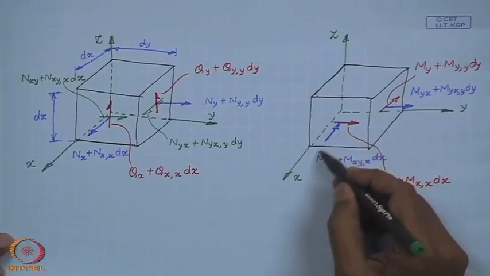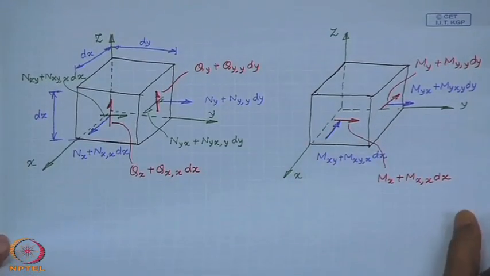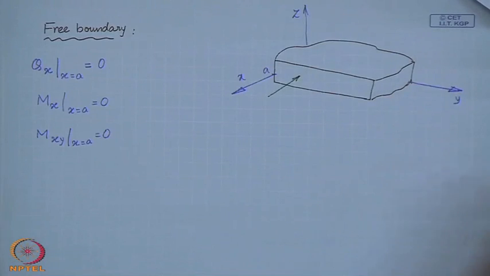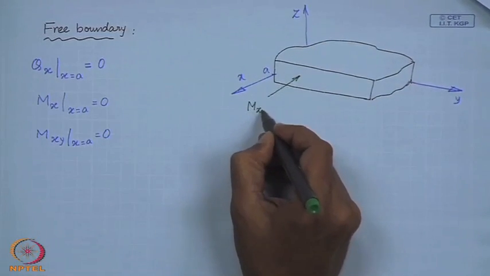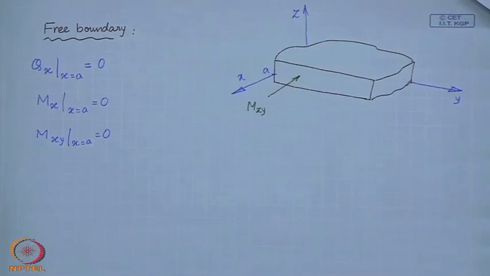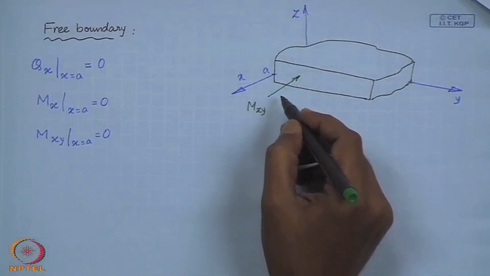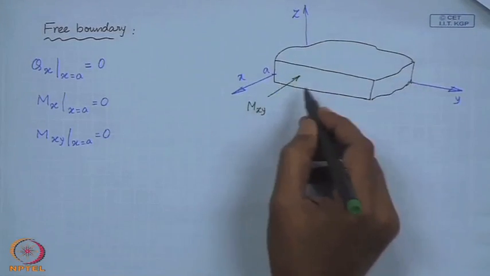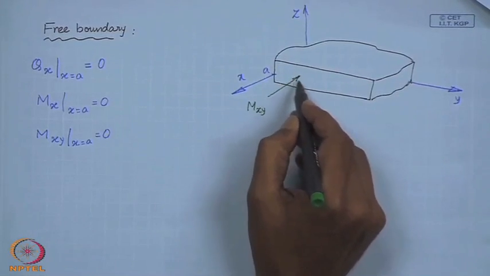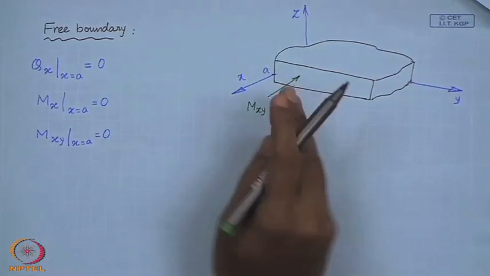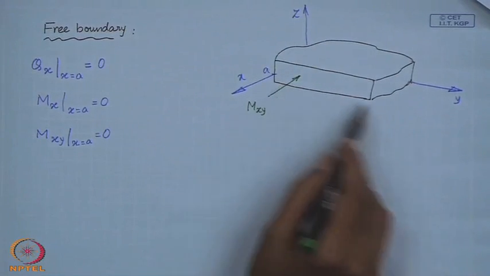This was m x y on this face, let us say at x equal to a. Now, this is a moment because of the in plane shear stress. This moment can change as you move in the y direction.